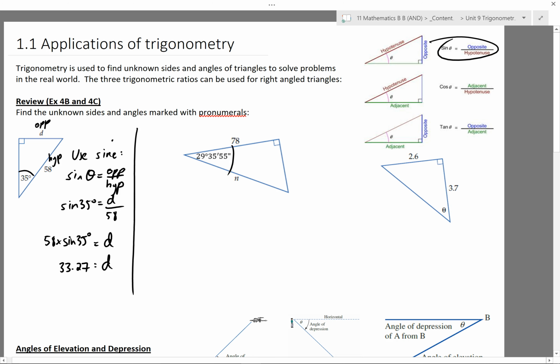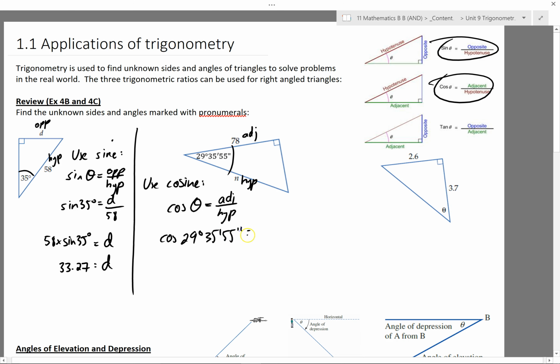Next one, I've got degrees, minutes, and seconds, but I'll treat it exactly the same. This is the adjacent side, and this is the hypotenuse. So I'll be using cosine. I'll write the rule, as always. Substitute in the values that I know. Now it's interesting, I've got the unknown on the denominator, but that's okay.